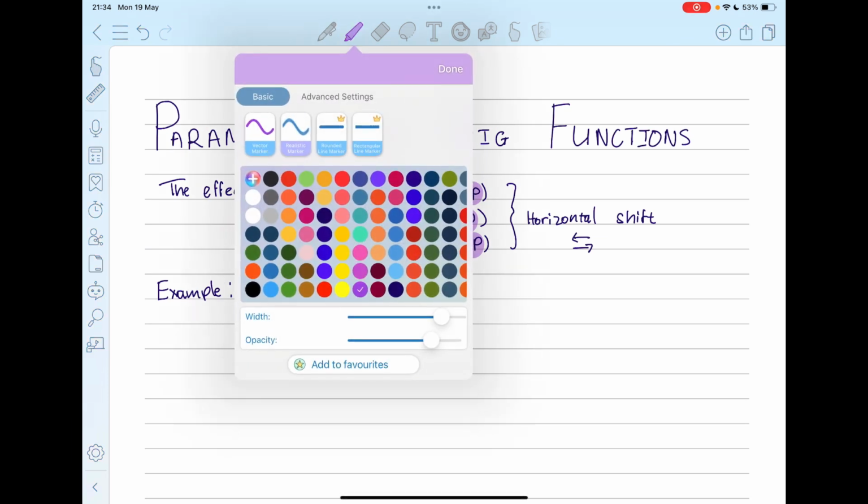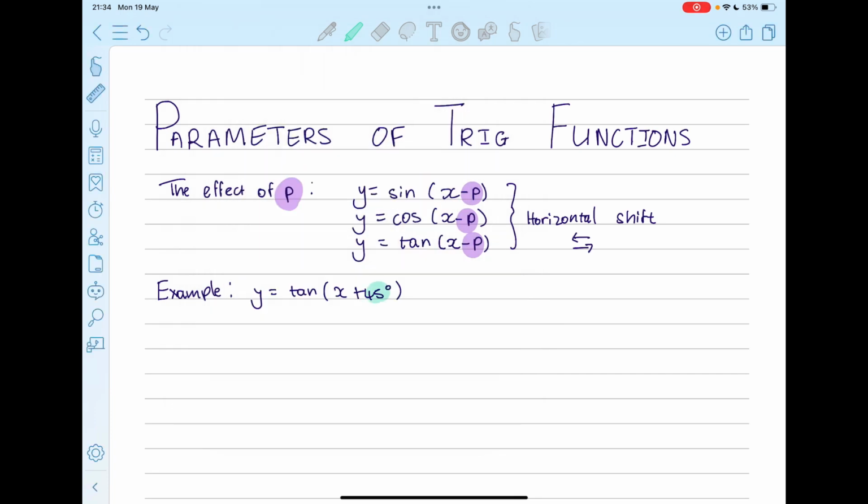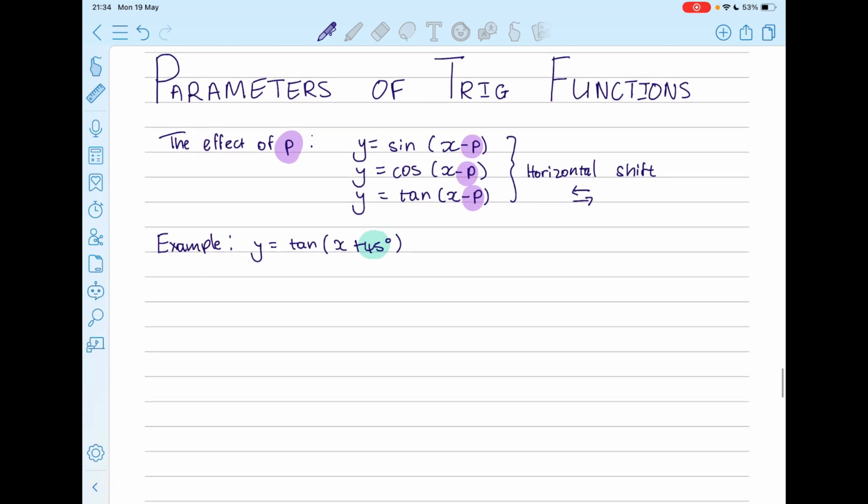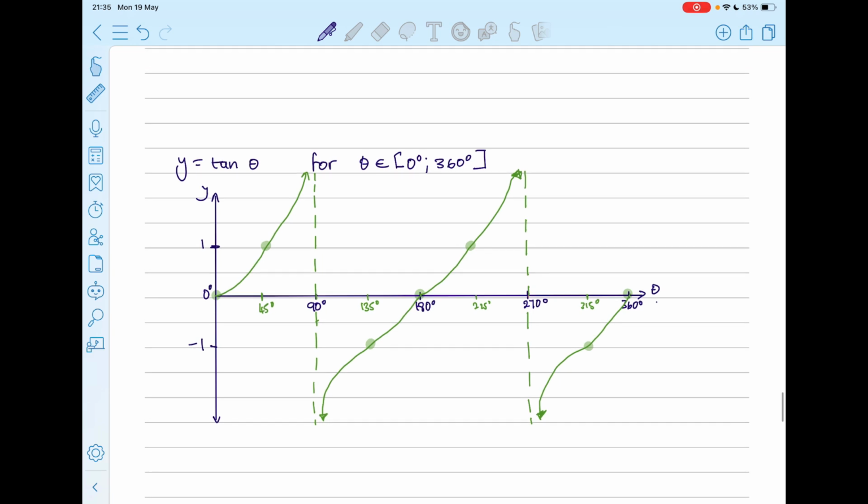I decided to use tan x for a change so that you'll be able to see how the asymptotes are also affected when we have these horizontal shifts. Okay, so let's look at the standard graph of tan x first before we incorporate the effect of p. And for us, p is positive 45.